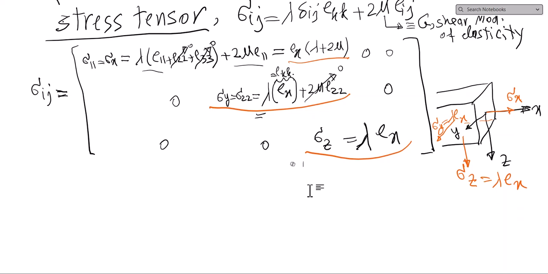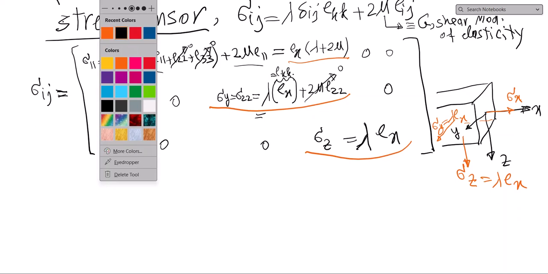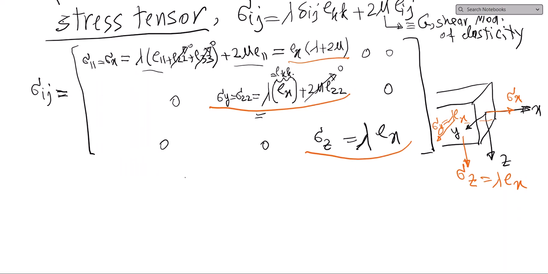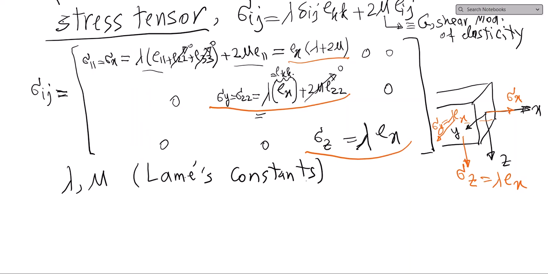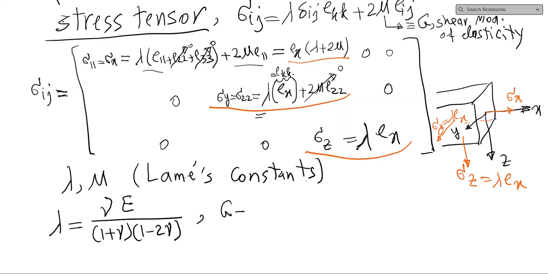Now, in the relationship between lambda and mu, which we call Lame's constants, we have more meaningful physical constants, which are the modulus of elasticity and Poisson ratio, E and mu. It can be shown that these four are related to each other like this.